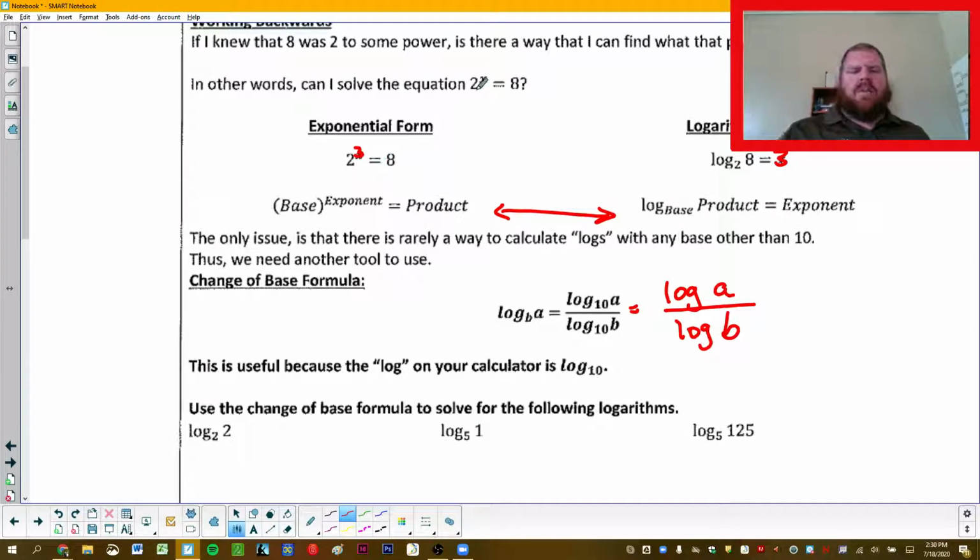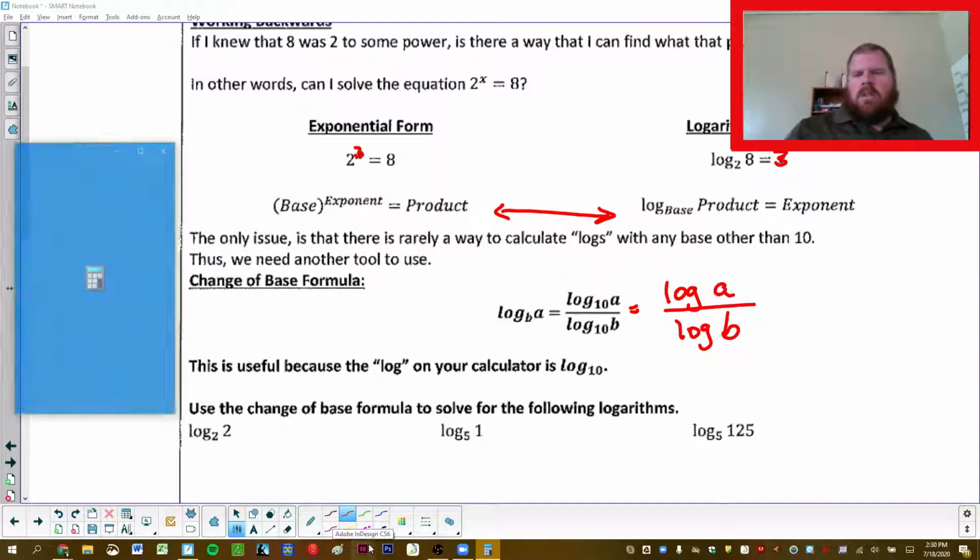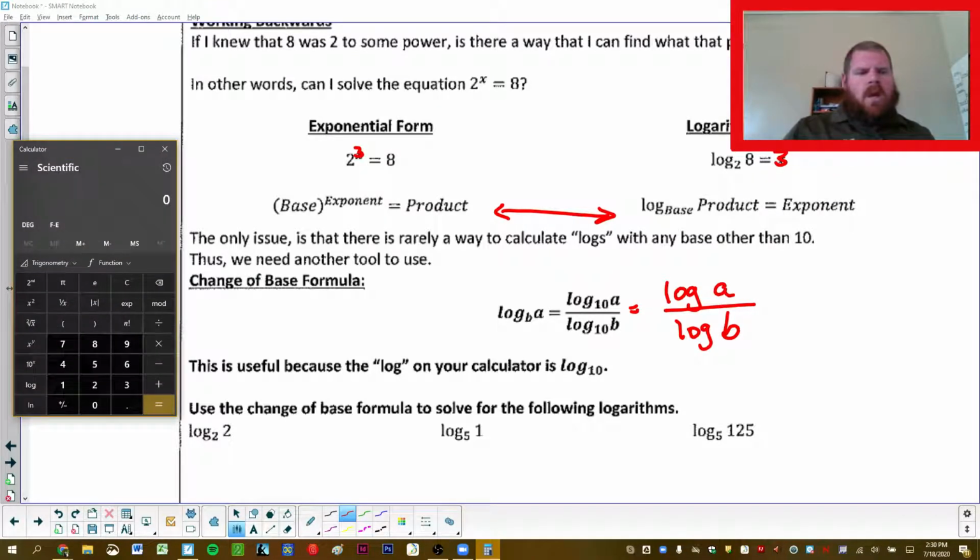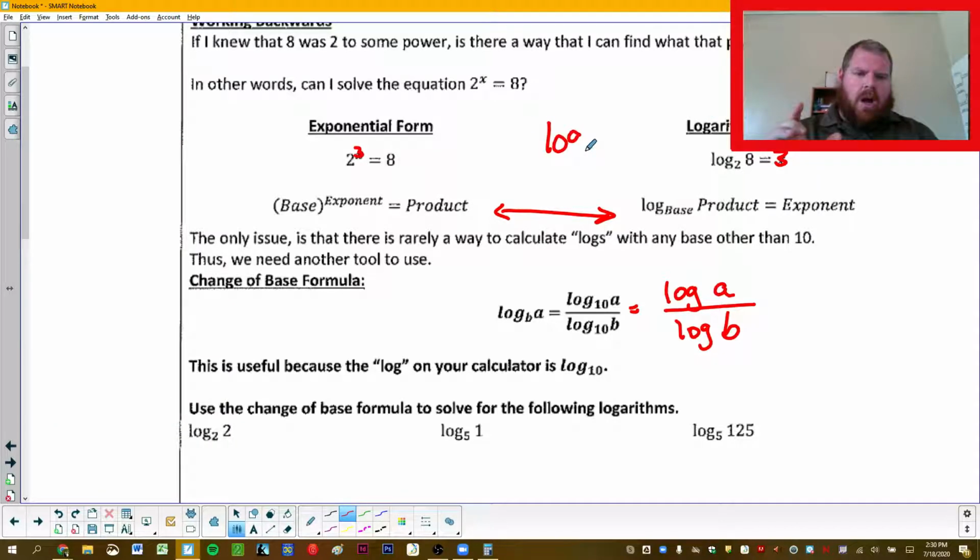Let's check that with this problem here. I want to do this problem using my calculator. And I closed my calculator, so that's handy. So I want to try log of 8 divided by log of 2. And on this calculator, again, I have to do things backwards. Sometimes you'll have a calculator that has you put in log, and it'll open up a set of parentheses, and then you type in a number.